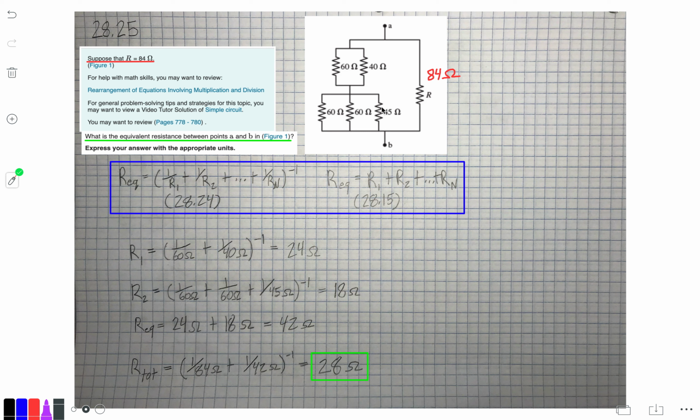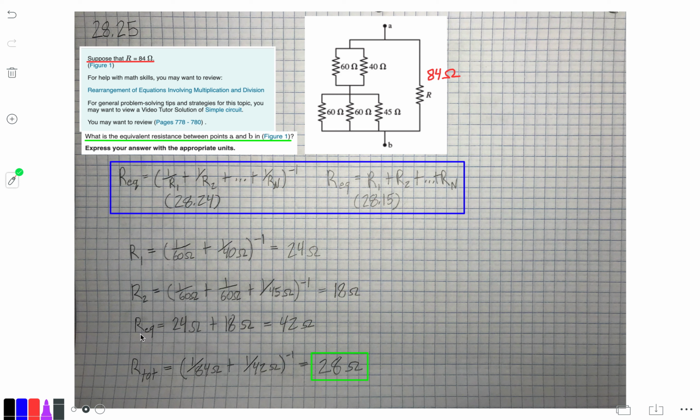I know for me, I forgot the last step in equating this half and this half, saying that they were parallel. Just getting into the math here, I called this R1 because this is the first thing I solved for, and I got 24 ohms across this. And then if this is R2, I got 18 ohms for this.